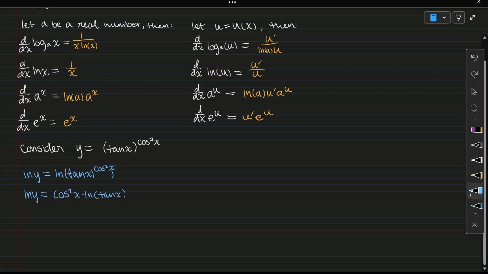Okay, now I can differentiate both sides and get that y prime over y is equal to, by product rule on the right-hand side, I get 2 cosine x times minus sine x times ln tan x plus cosine squared x times, right, because I have a function in my ln, I leave the function as it is on the bottom, tan x, and then I take the derivative of tan x here.